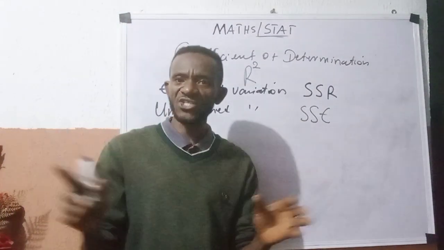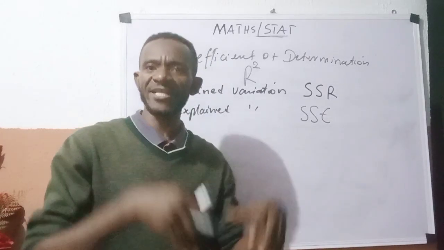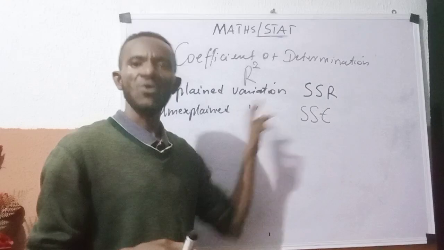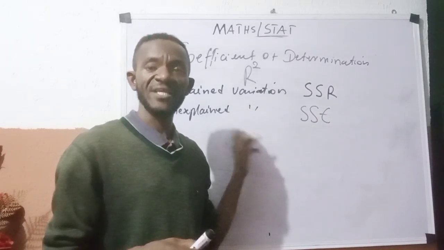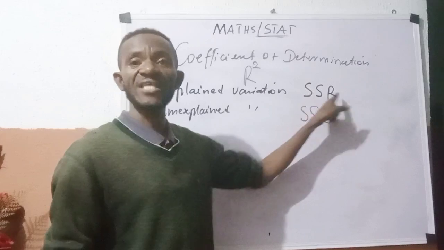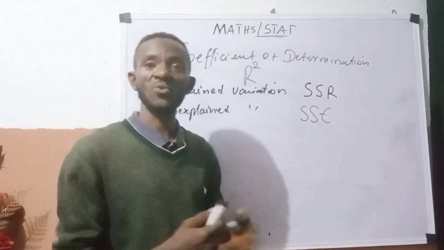Therefore, all the variations that exist in our response variable can either be explained by the model or cannot be explained by the model. So the total variation there is SSR plus SSE.